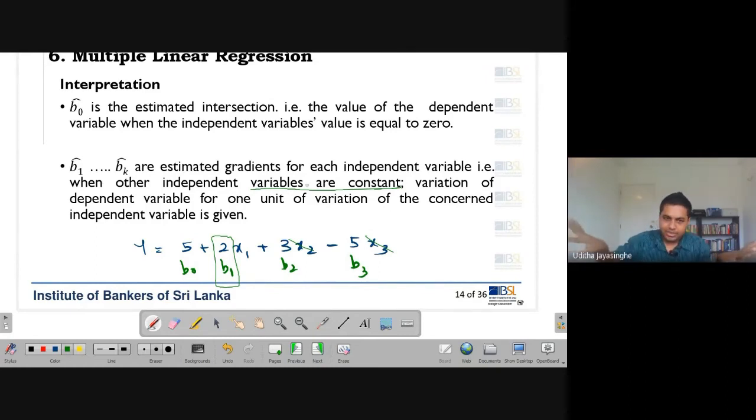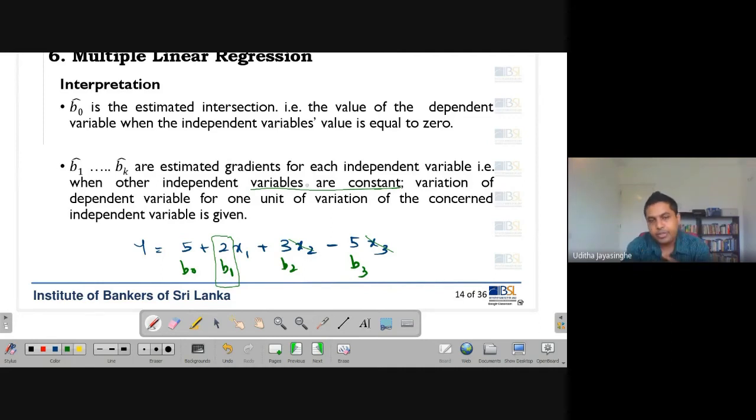Even for the other variables, let's say you're discussing the mileage, you're going to change mileage, but all the other variables like the age and the usage and these other variables, you're going to keep them at one particular value. You're going to make them freeze.